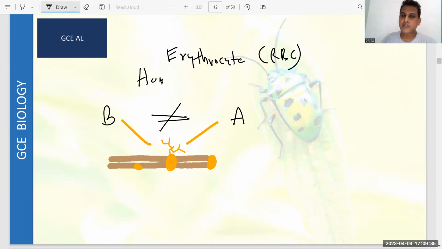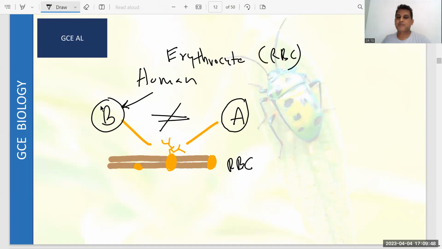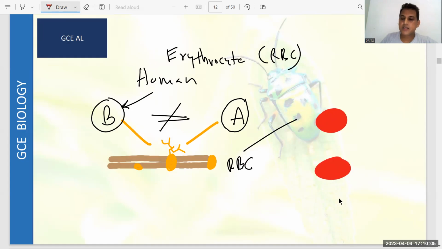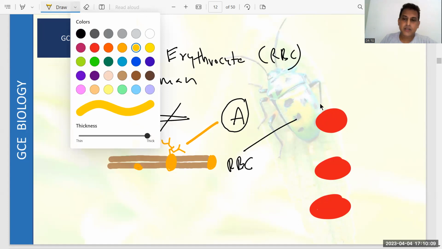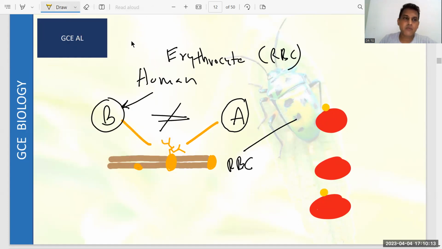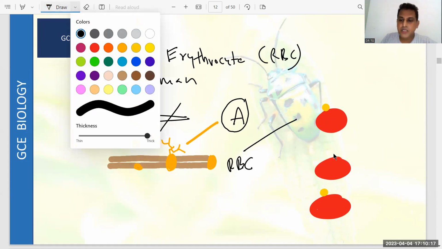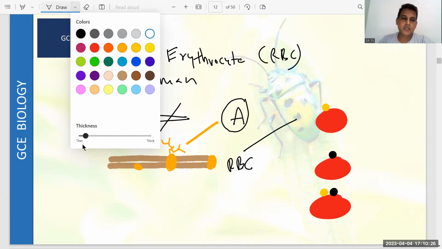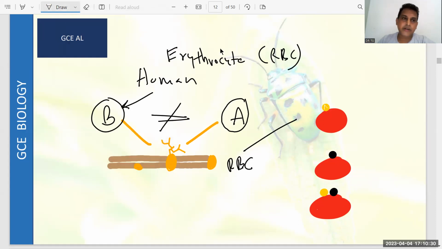Then in humans, some have B proteins on red blood cells, and some have A. So this is a red blood cell, this is a red blood cell, this is a red blood cell, and this is A, this is A, and this is B, this is B. Now, some people have A glycoprotein on the red blood cell membrane.